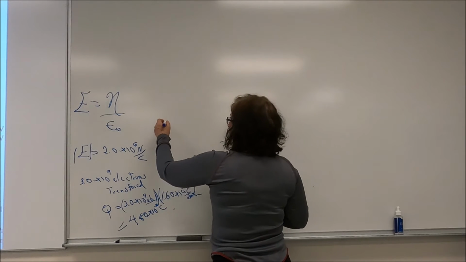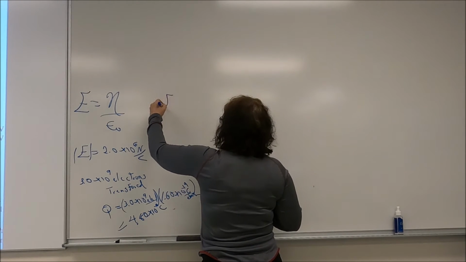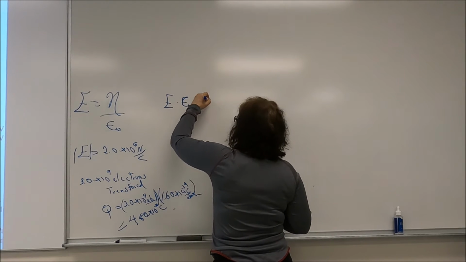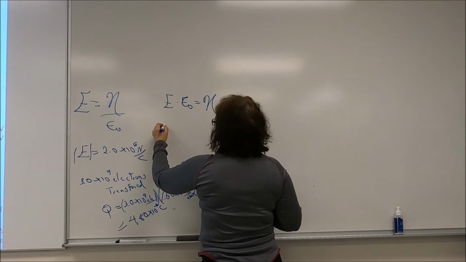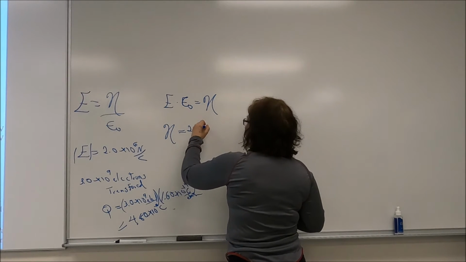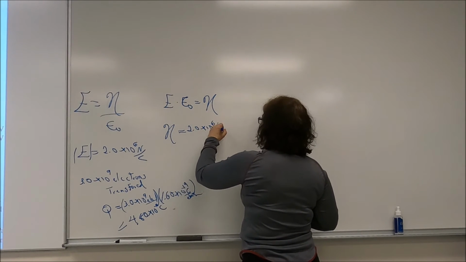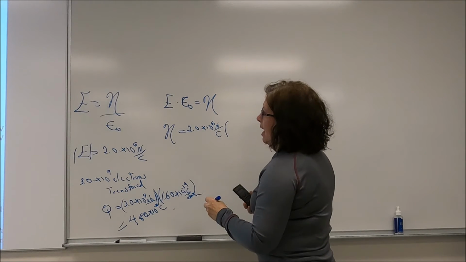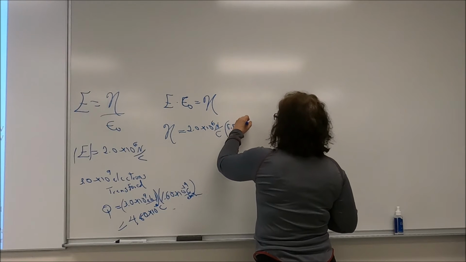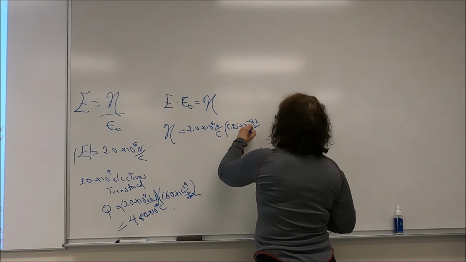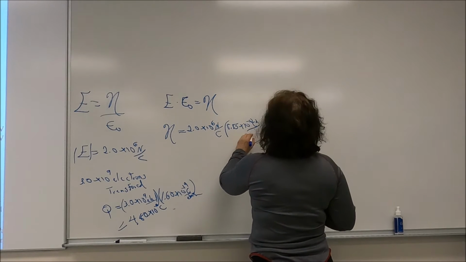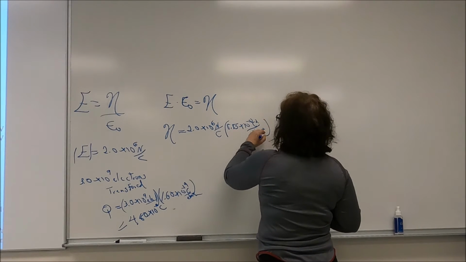So if I take E times epsilon 0, that should give me eta. So eta here is equal to 2.0 times 10 to the 6 newtons per coulomb times 8.85 times 10 to the minus 12 coulombs squared over newtons times meters squared.